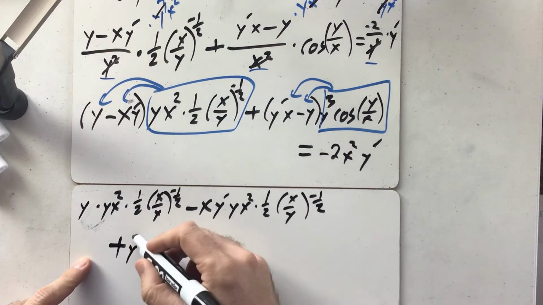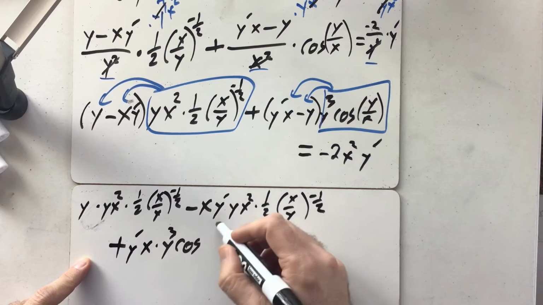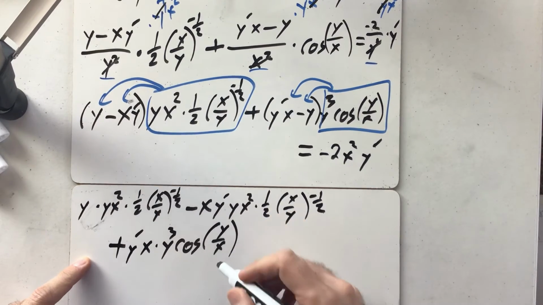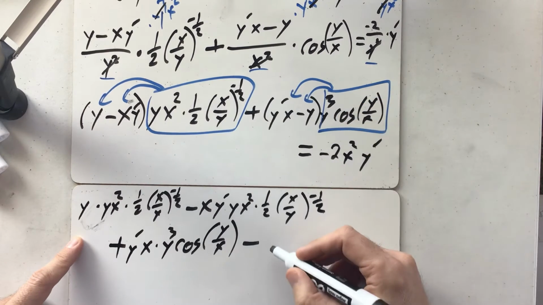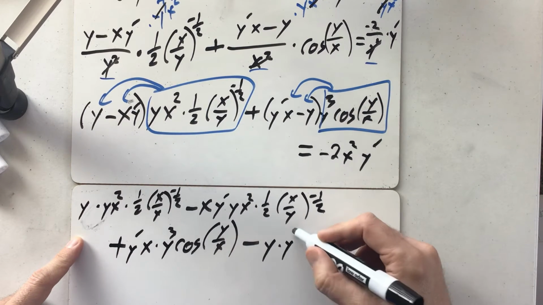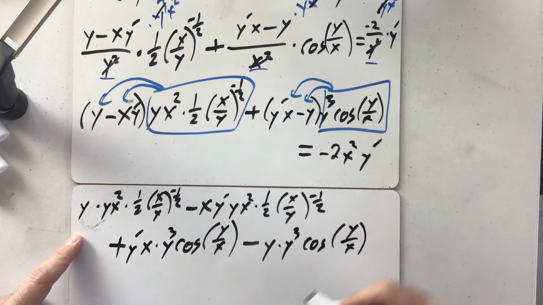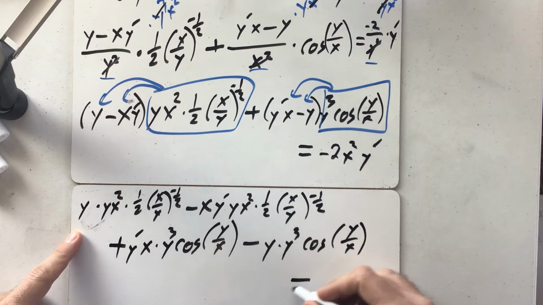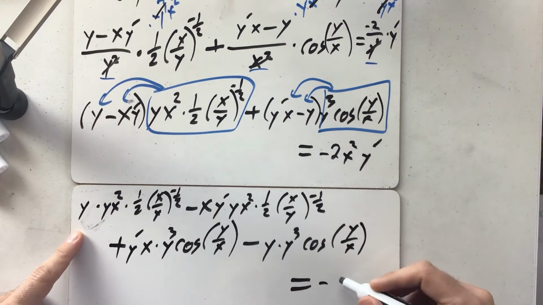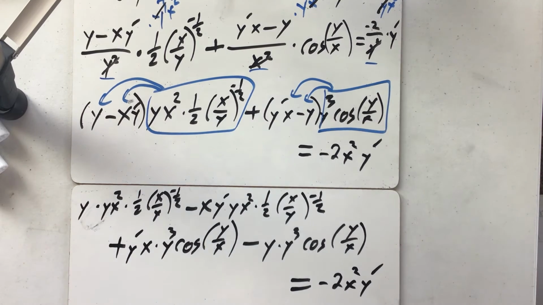So we've got y prime x times y cubed cosine y over x, minus, and I'm going to multiply it here, y times y cubed cosine y over x. And now we've got equals, and then the other side, fortunately, is just the same thing that we had earlier. All right.